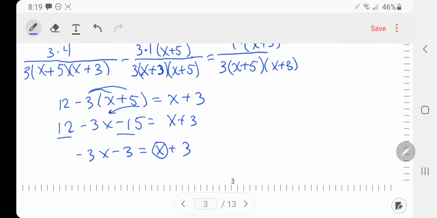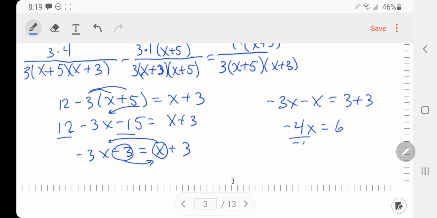Now let's bring the x this way and the minus 3 this way. That's going to give me negative 3x minus x, and 3 plus 3, because the negative comes over and makes it a plus. Combine like terms, negative 4x equals 6.